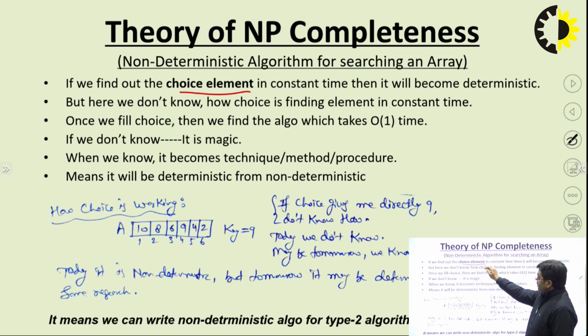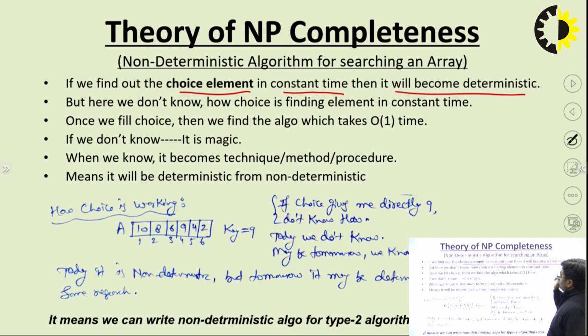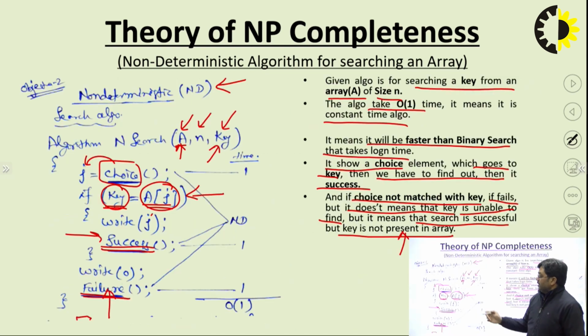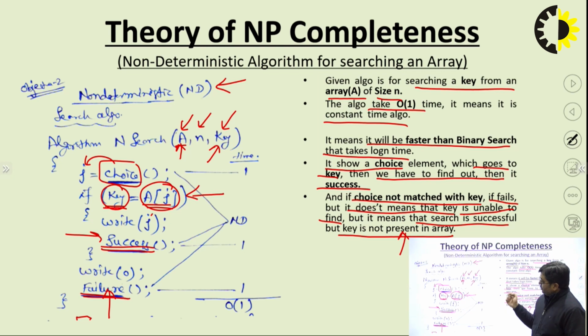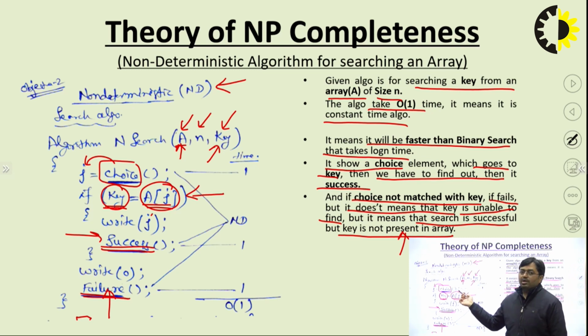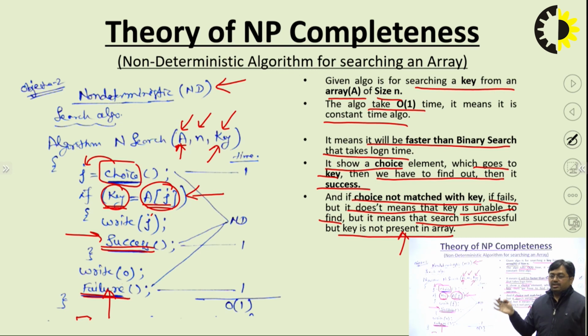If you find the choice element in constant time, it will become deterministic. Here we don't know how choice is working, and if we find out how it works, it will become deterministic. But here we don't know how choice is searching for the key in exactly constant time from an array.